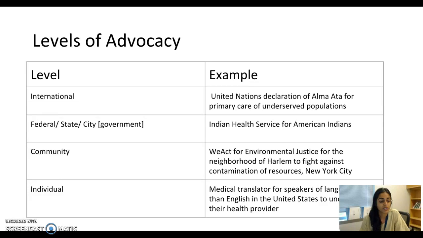So on a personal level, but also these translators, I was able to attend a PNHP, Physicians for a National Health Program, presentation of translators at Harborview Hospital in Seattle, and they do so much.